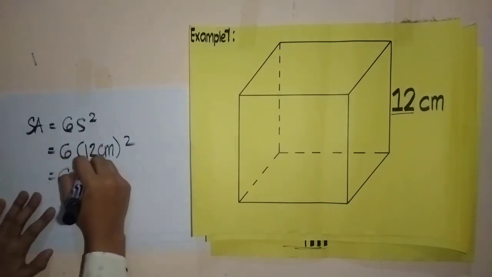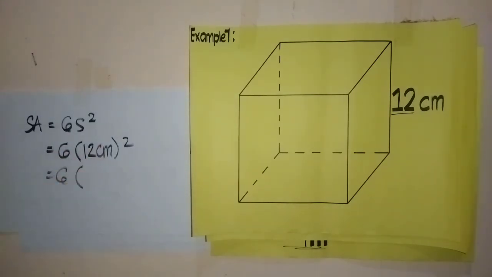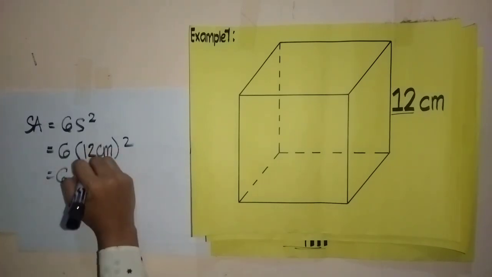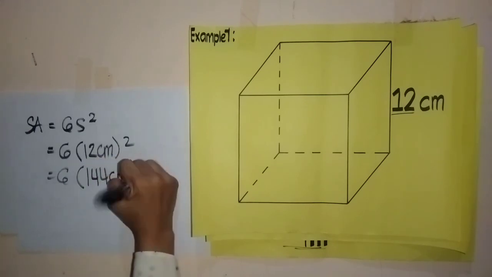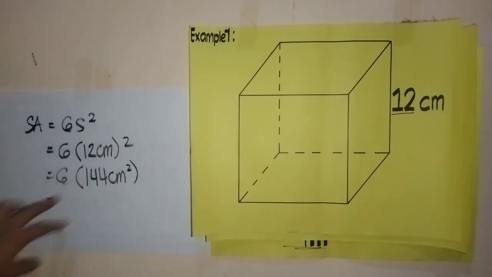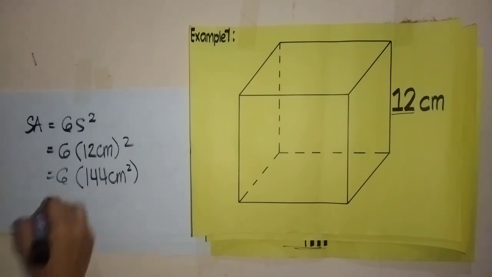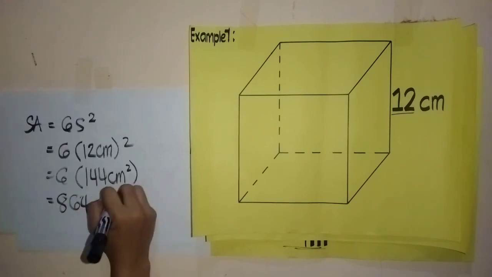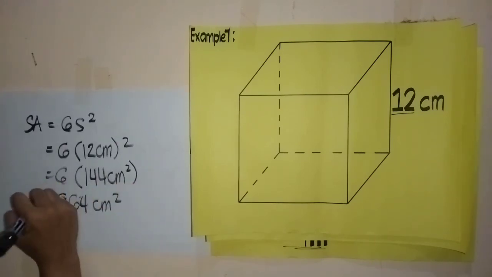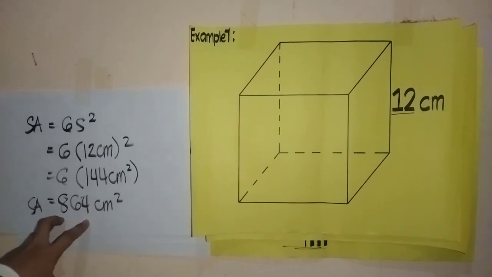So 12 times 12 is equal to 144. So 6 times 144 is equal to 864. So the surface area of the cube is 864 square centimeters.